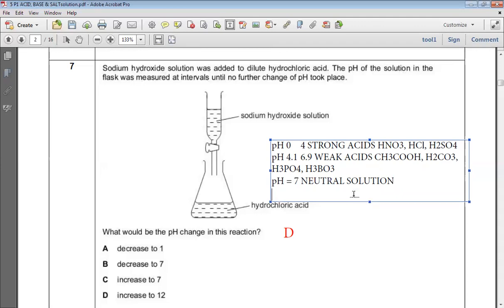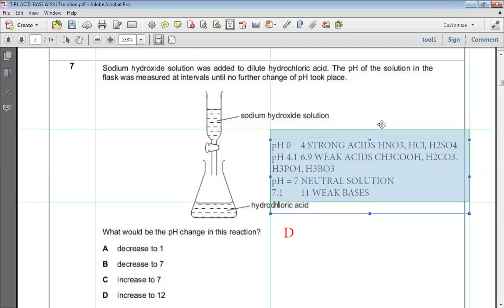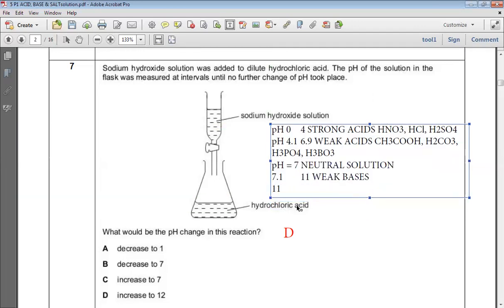But pH value from 7.1 till 11, they are weak bases, while above 11 to 14, they are strong bases or alkalis.